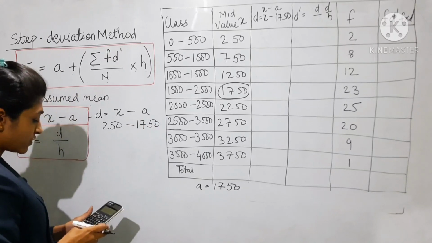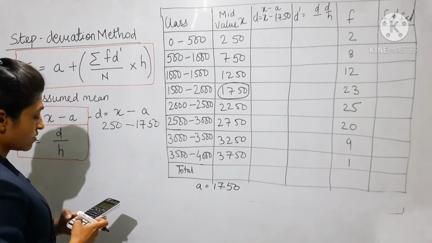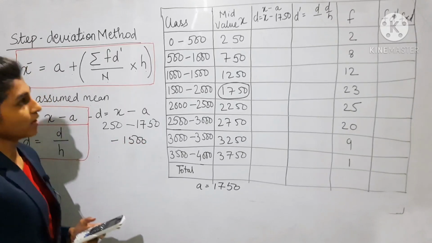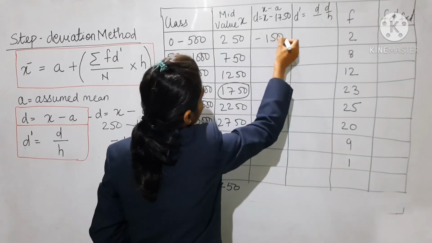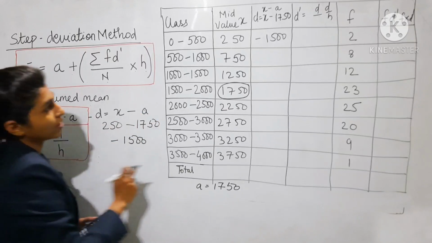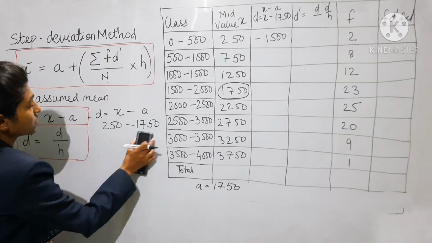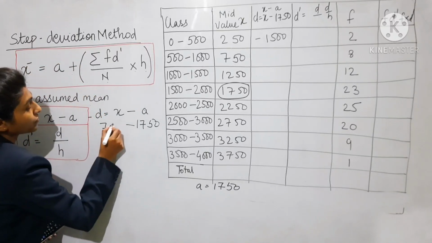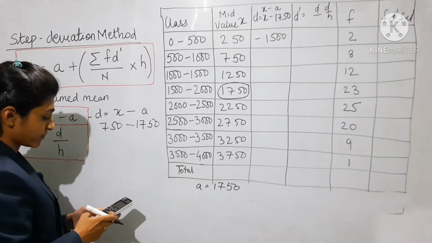So 250 minus 1750, I get minus 1500. Why minus 1500? Because the sign is of the greater number. Next, for the second class, X is 750 and the assumed mean is 1750.